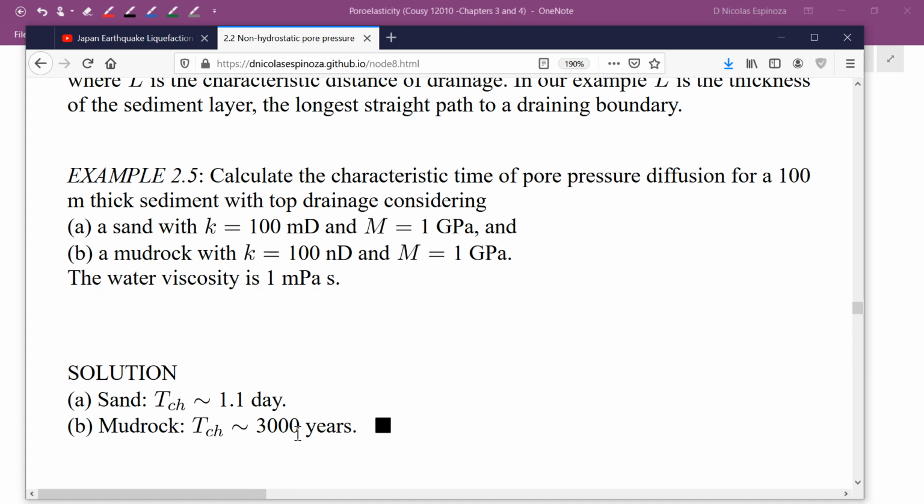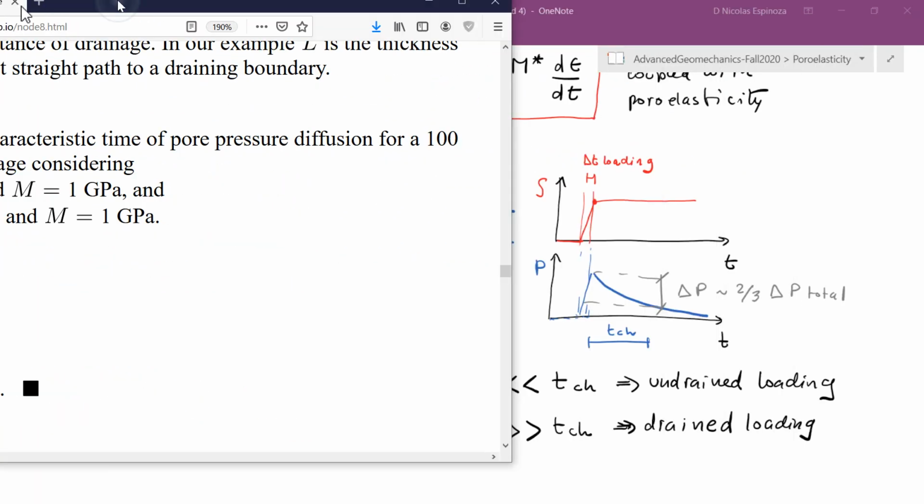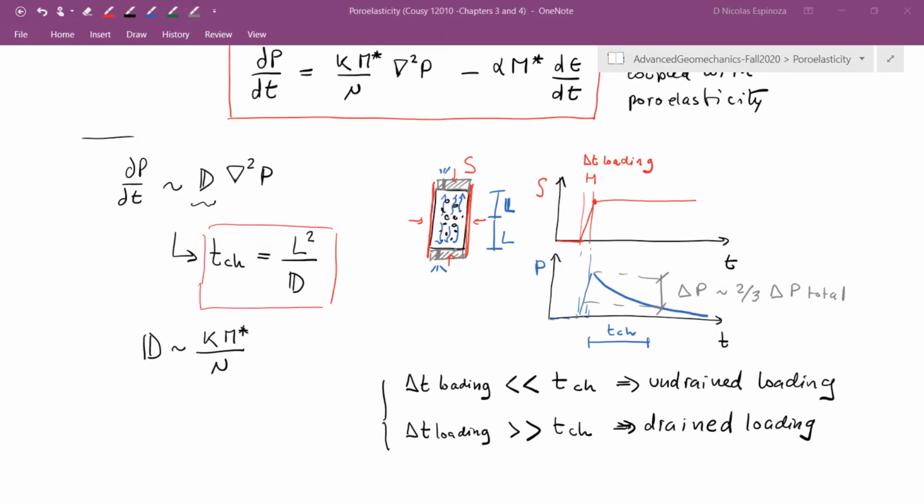So hopefully you see the difference in these two processes, and we're going to see that this type of loading, and especially when you have problems of sedimentation in which the rate of sedimentation is higher than the rate of pore pressure diffusion, are going to generate undrained loading in mud rock formations in nature. This is going to happen naturally. Okay, I'll come back to this example just in a bit.